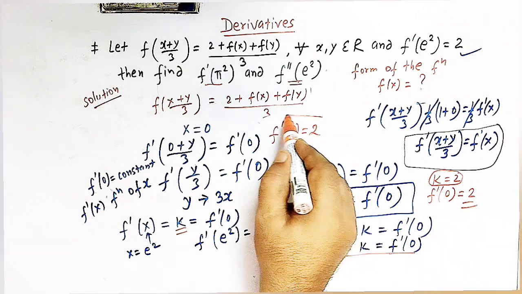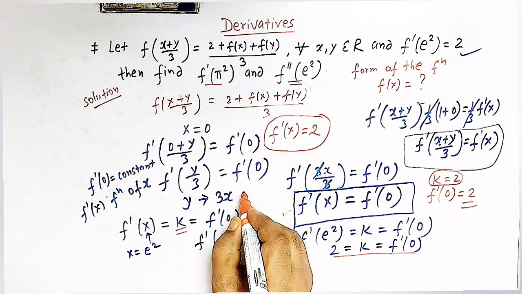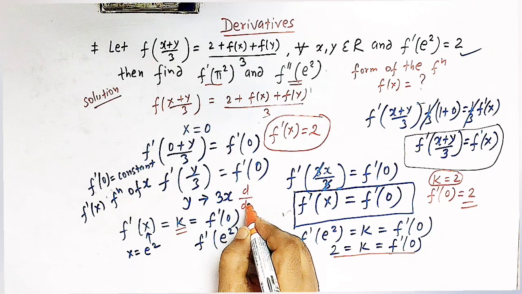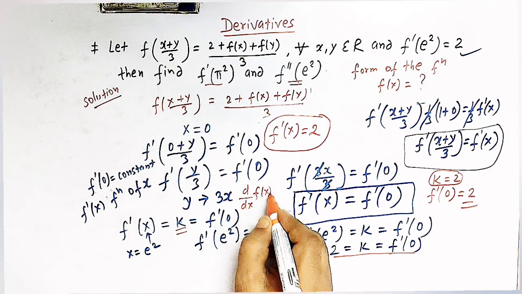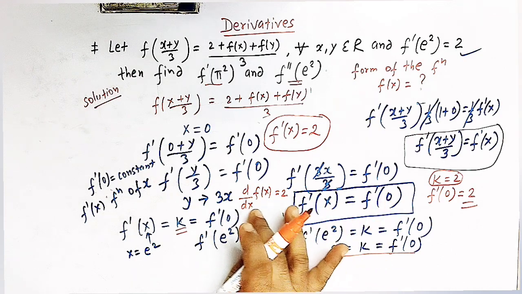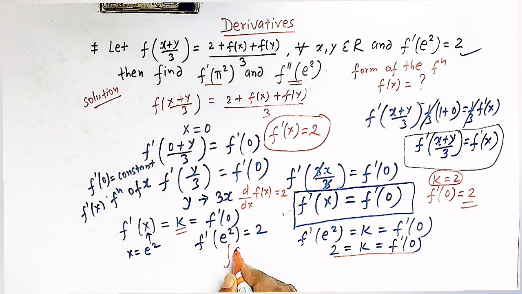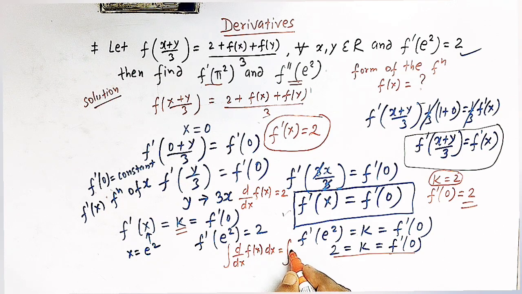Right? Now this is a differential equation. f prime of x is equal to 2. It means this is the d by dx of f of x, that is equal to 2. So if we integrate both sides with respect to x, we'll get integral of d by dx of f of x dx, and here we have integral 2 dx, and c is the constant of integration.